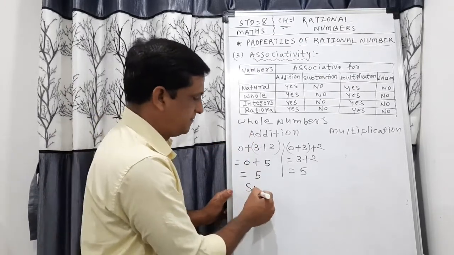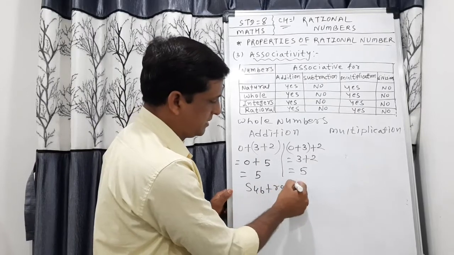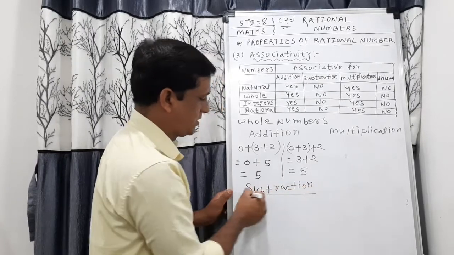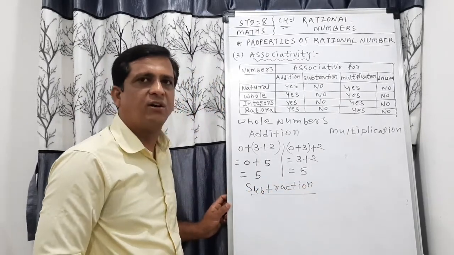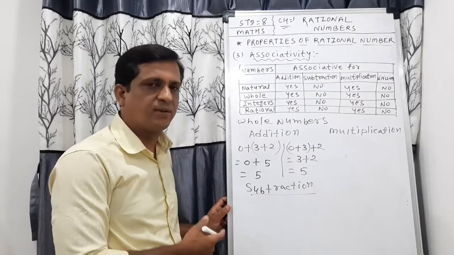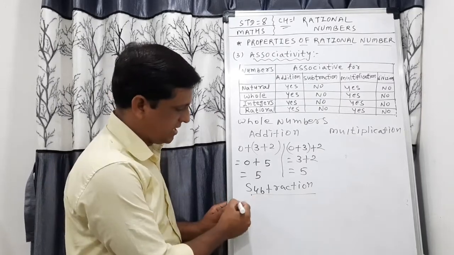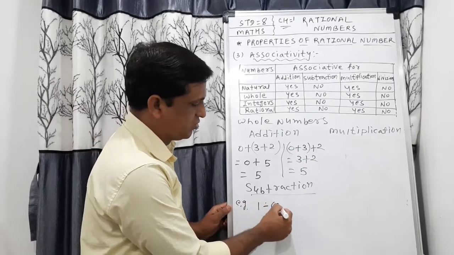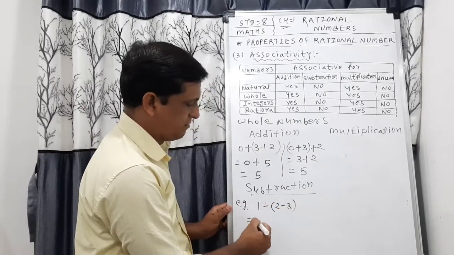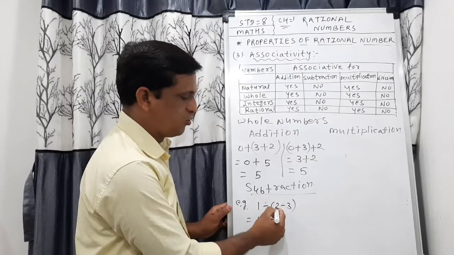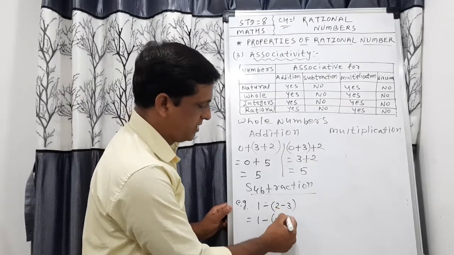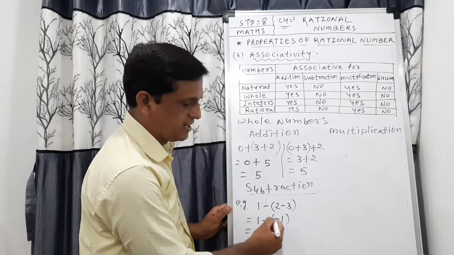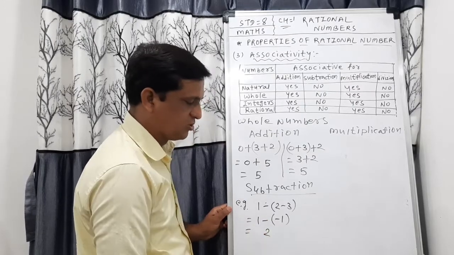Now for subtraction. Whole numbers are not associative for subtraction, because I am taking the example 1 minus (2 minus 3). 2 minus 3 is equal to minus 1, so 1 minus minus 1 is plus 1, that is equal to 2.